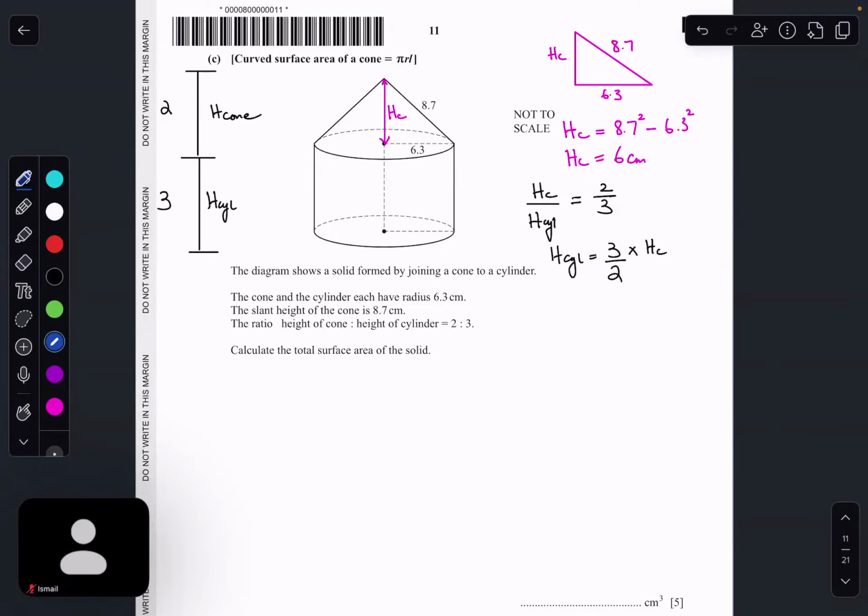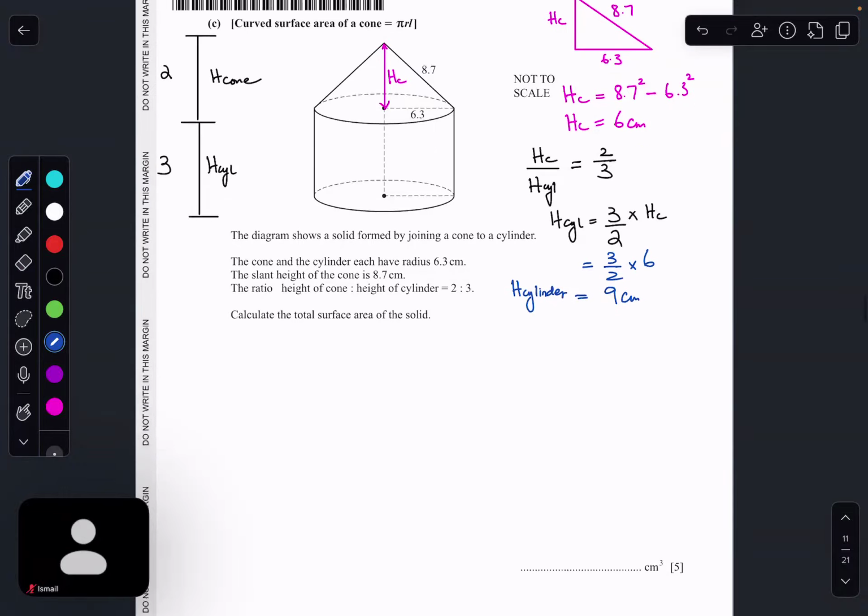Is there anyone who didn't understand this part? Okay, so 3 by 2 times height of cone, which is 6. So the height of cylinder is 9 centimeters. Okay, we have 9 centimeters.